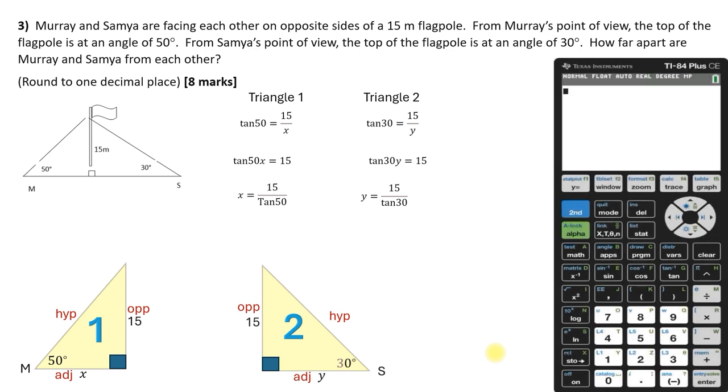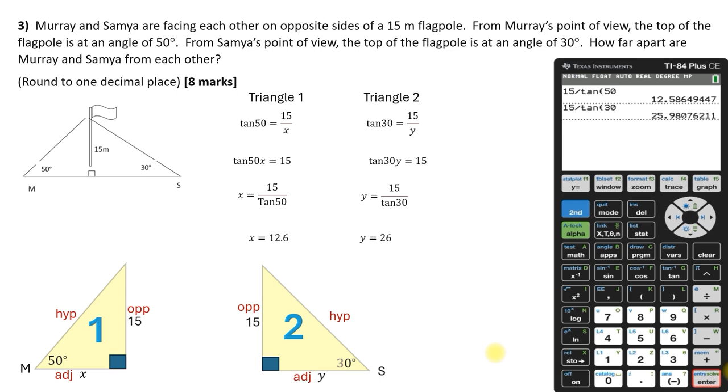So here we have two equations to solve. The first is 15 over tan 50. 15 divided by tan 50 gives us 12.58. And the second one is 15 divided by tan 30, which gives us 25.98.